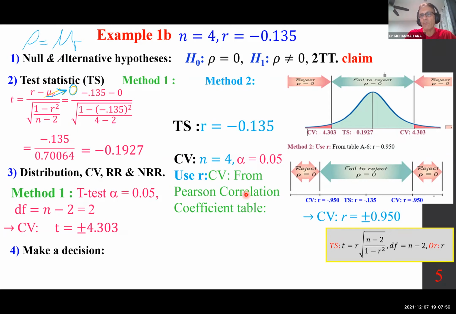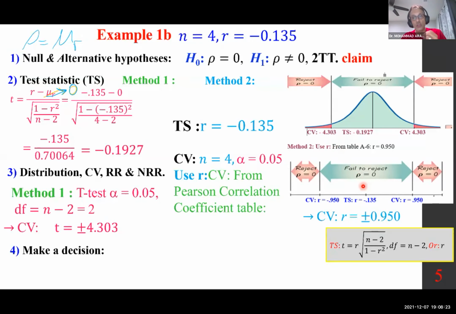What about this one? We use a number line. Negative 0.950 is here, positive 0.950 is here. And the test statistic is the value of r. It's in the middle, and it's way into the non-rejection region.